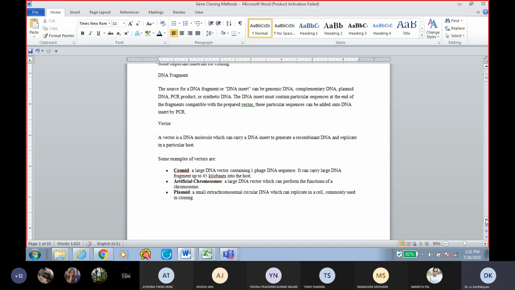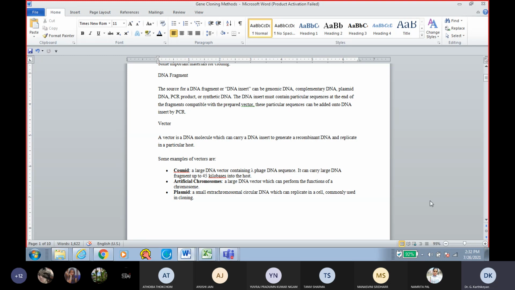So this is something that people have used very successfully for cloning, right? These extrachromosomal plasmids come in a variety of shapes, but by genetic engineering, we have also engineered several plasmids. And so these plasmids are now given different terminologies.